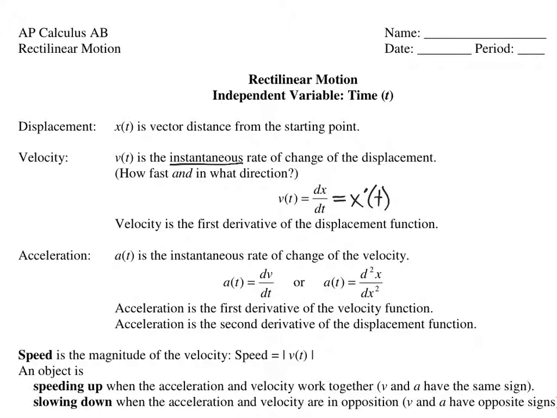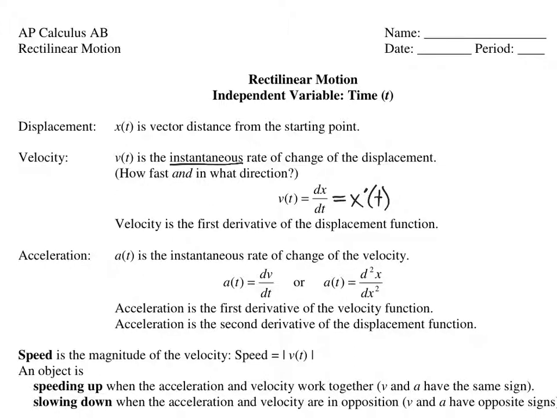Now, acceleration. Acceleration is the rate of change of the rate of change. It's how quickly our rate of change is changing. So if you're driving along in your car on cruise control, your acceleration is 0 because you're staying at the same velocity the whole time.